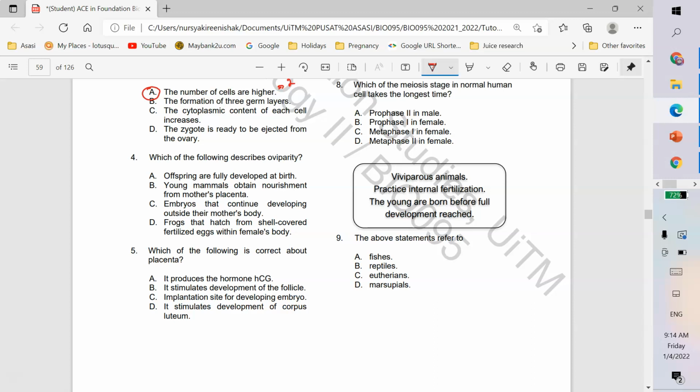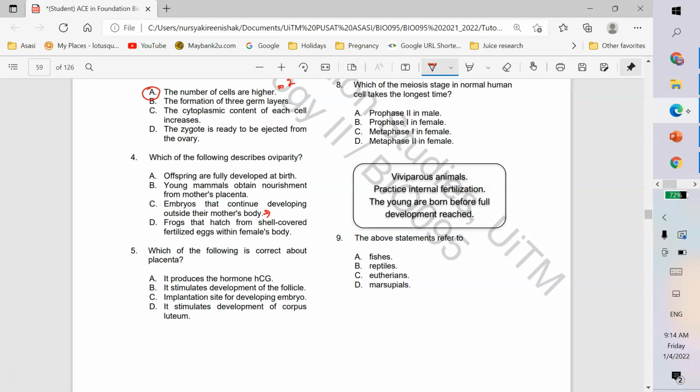So the embryo will be in what? Will develop in? Dia terkeluar macam tu je ke? So the embryo will be protected in placenta? Ya ke?